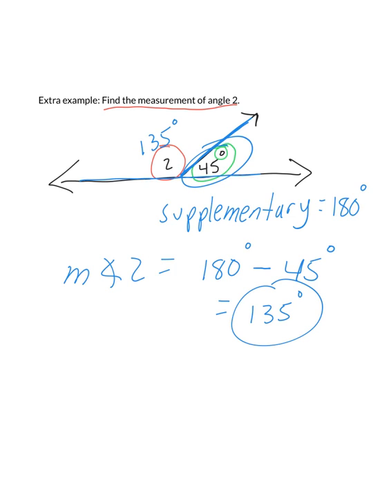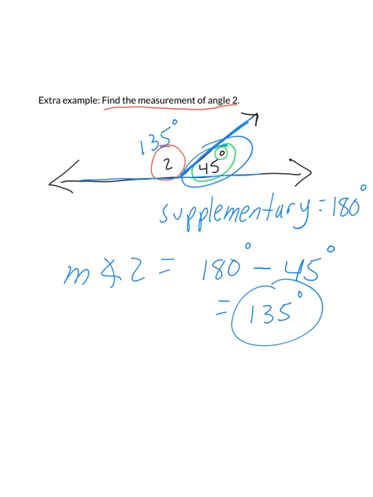But just keep that idea in mind because the pictures are going to be a lot more complicated to come. There's going to be all sorts of angles to figure out in these bigger pictures. A lot of times when people get stuck, it's because they forget that straight lines are 180.